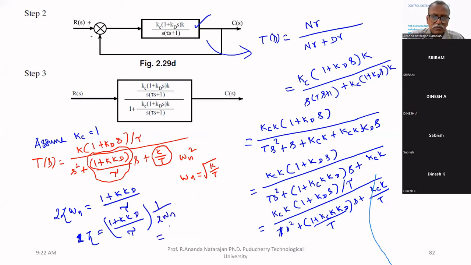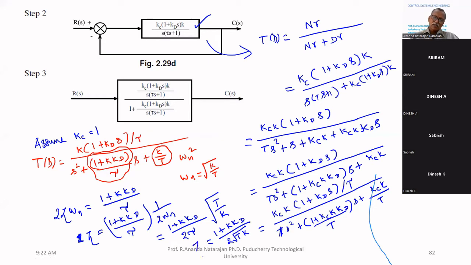Omega n equals square root of K by tau, so 1 by omega n is square root of tau by K. So that is equal to 1 plus KD upon 2 root tau K.